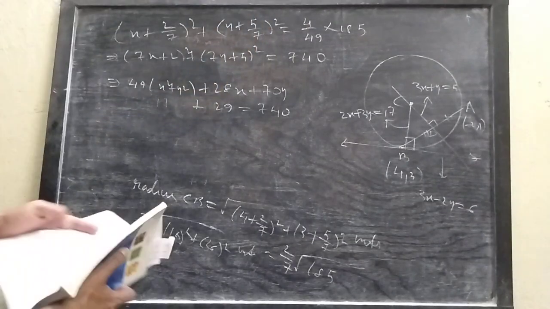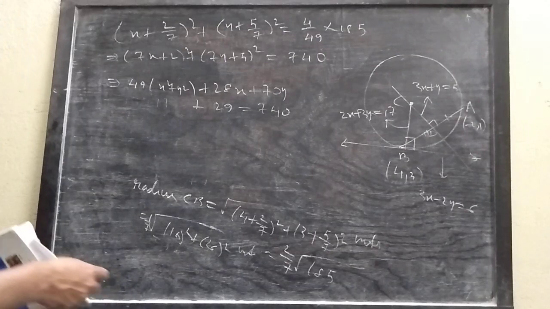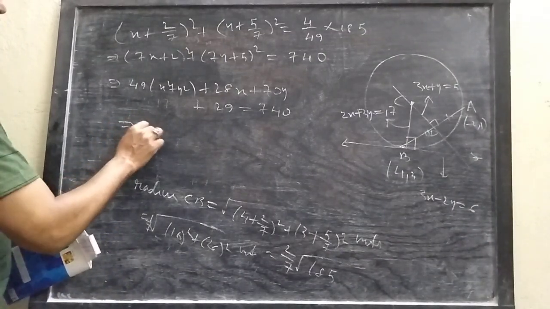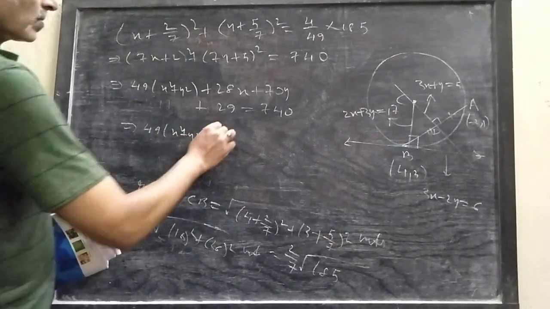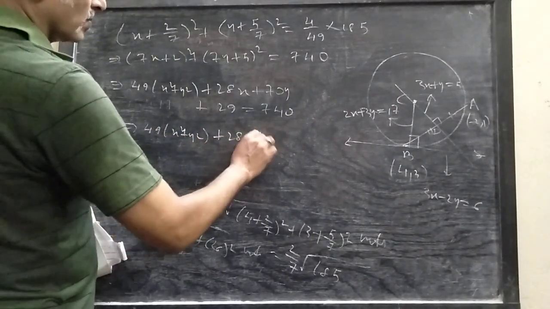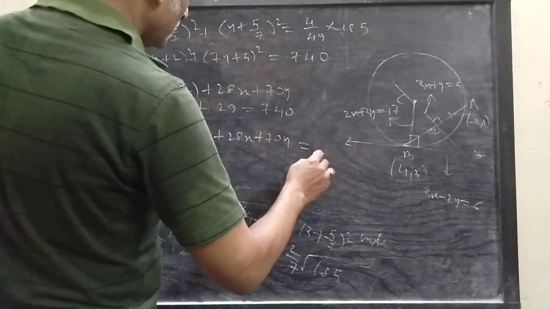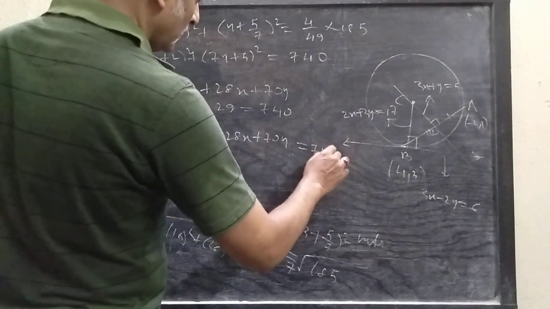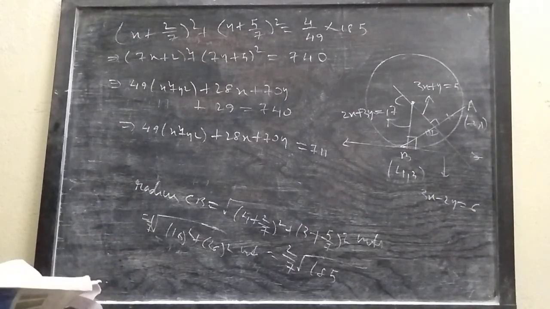So ultimately we get 40 minus 37 and 11. But I have done some mistake somewhere.